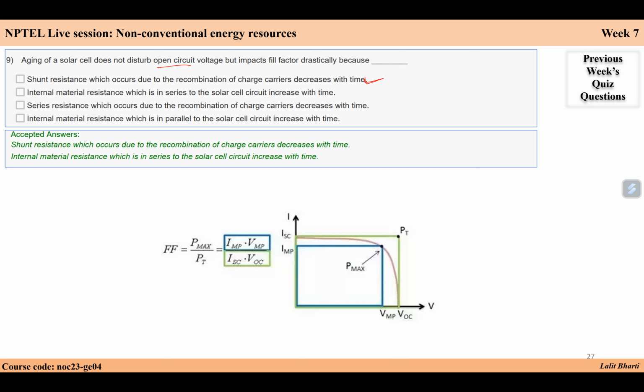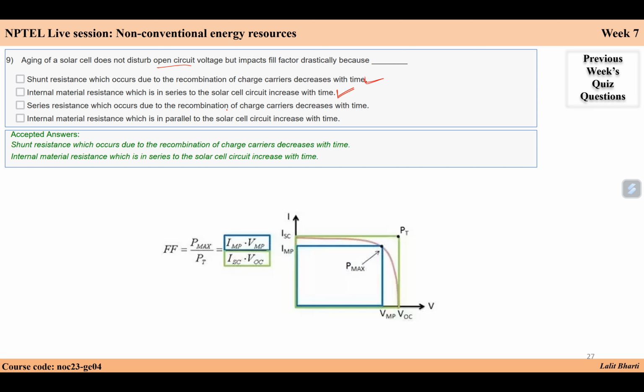So the statement is correct. Second is internal material resistance, which is in series in the solar cell circuit and increases with time. It is also correct. So this is in the material; with time the resistance of the materials will increase, so it will impact our solar cell's overall efficiency negatively.